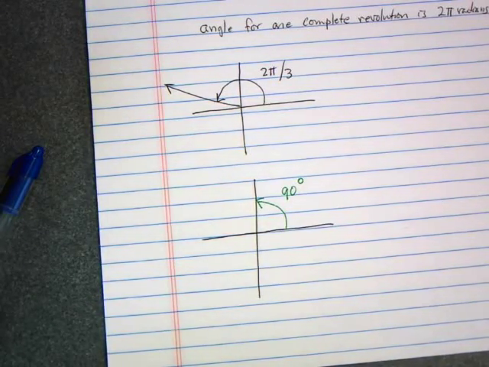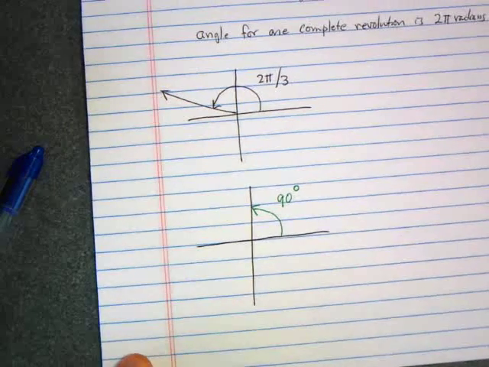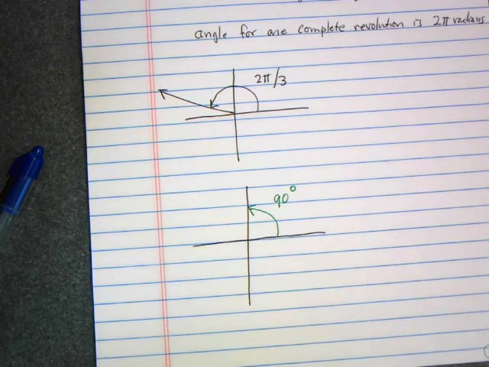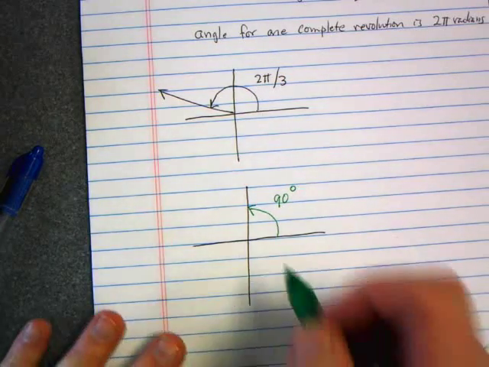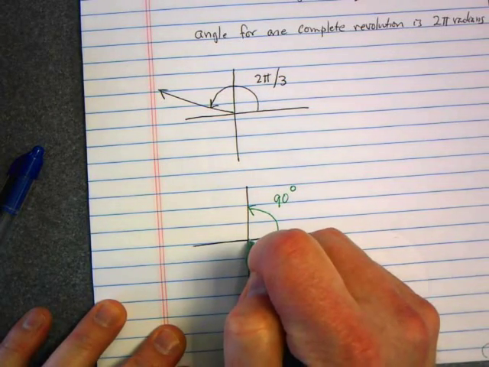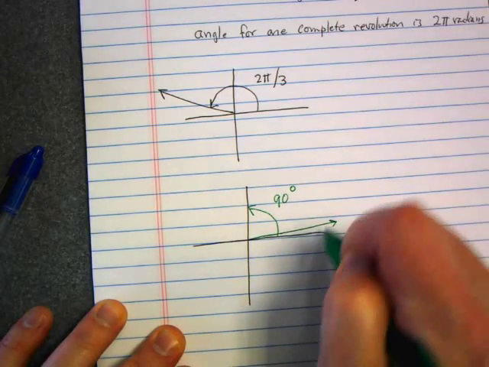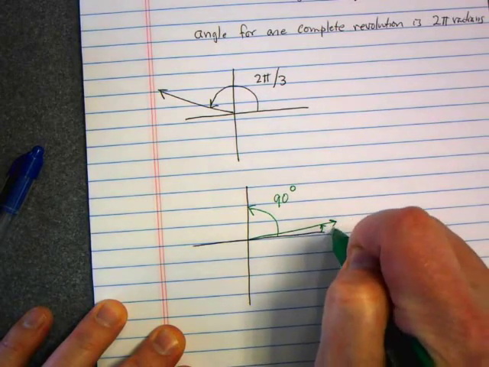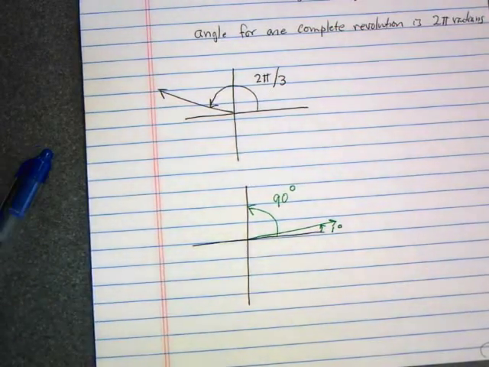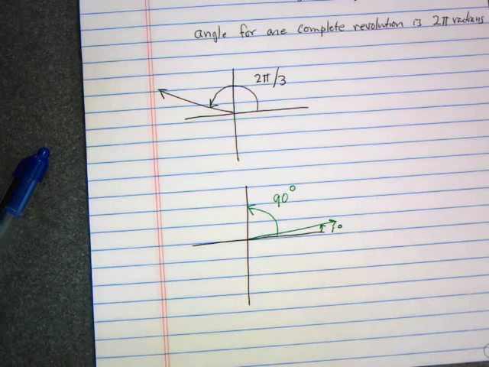So 1 degree would be 1/90th of that angle. So 1 degree is very, very, very tiny, isn't it? Something like that maybe would be 1 degree. It's difficult to draw 1 degree exactly. It's actually pretty easy to draw 1 radian exactly.